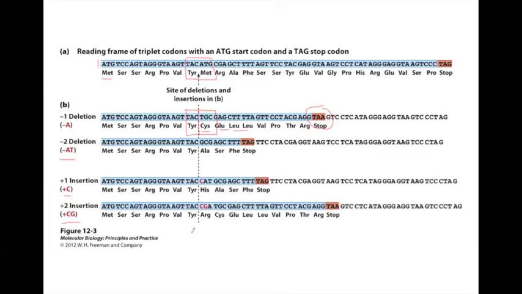A frame shift mutation is an insertion or deletion of greater than or less than 3 base pairs. It changes the way a sequence is read, leading to, at the point of the insertion or deletion, a change in the amino acids and the introduction at some point of a premature stop codon. They are a highly deleterious mutation and are most often seen in cancer.